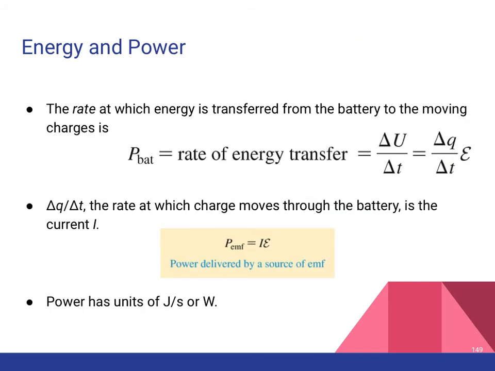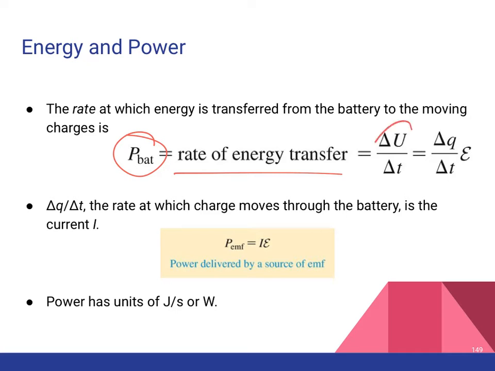So we can still analyze with these similar concepts some different ways of talking about electrical components. First off, the rate at which energy is transferred. Before, that was our explanation for power. Well, it still is. In this case, the battery is putting out some power to the rest of the circuit.